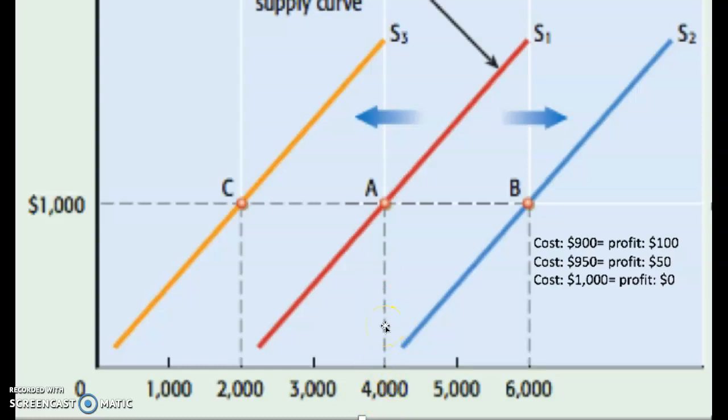Now, because the cost went up, the supply of babysitters shifted left to 2,000. Now a bunch of people said, it's not worth my time. Okay, there you go. Now, that is how the cost of resources or the cost of inputs will shift a supply curve. If the costs go down, profits go up, and people will supply more.